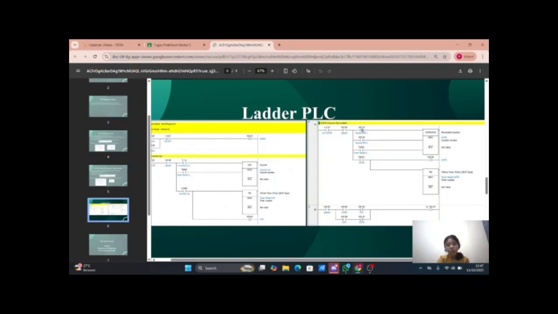Through the PLC trainer board, the user can learn how to program, monitor, and troubleshoot these counter circuits effectively, gaining hands-on experience applicable to industrial automation systems.